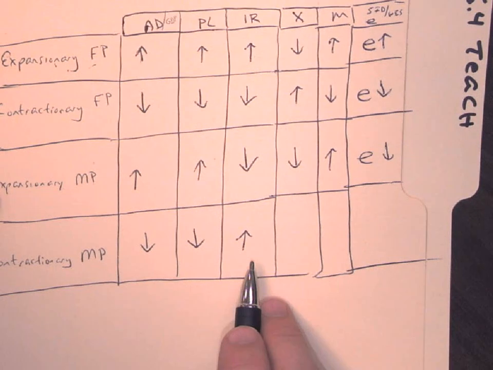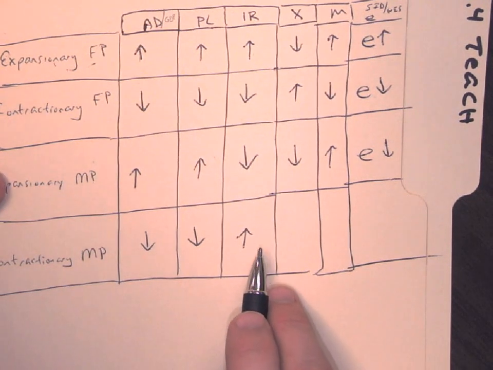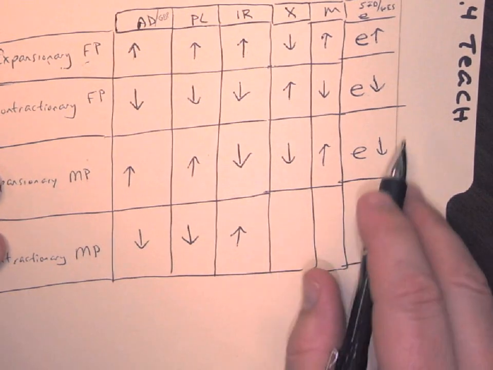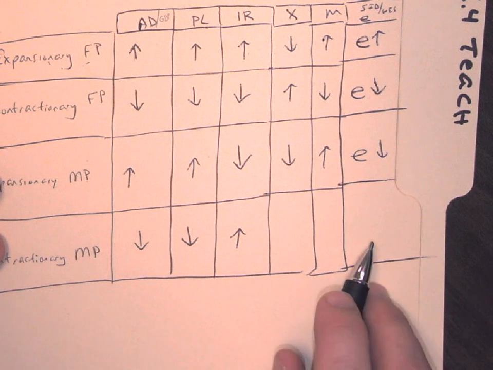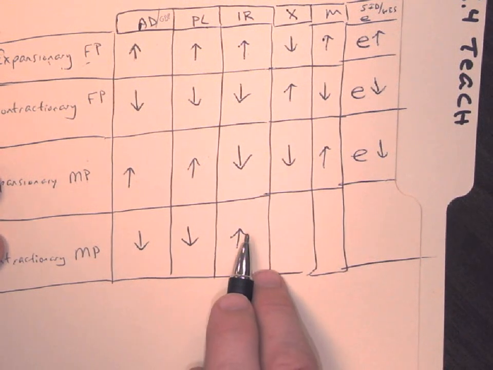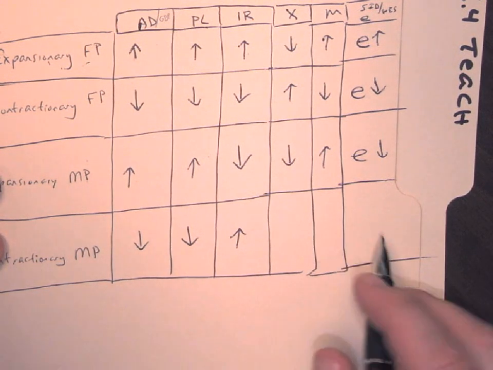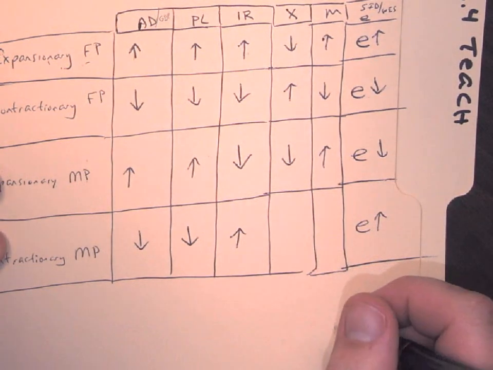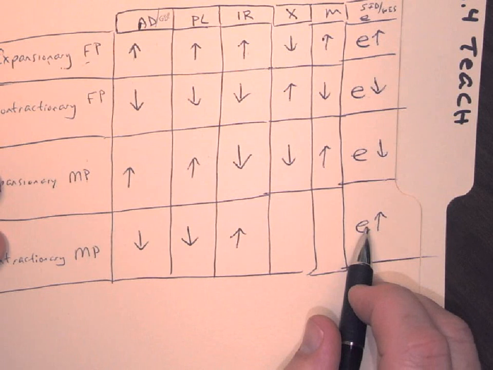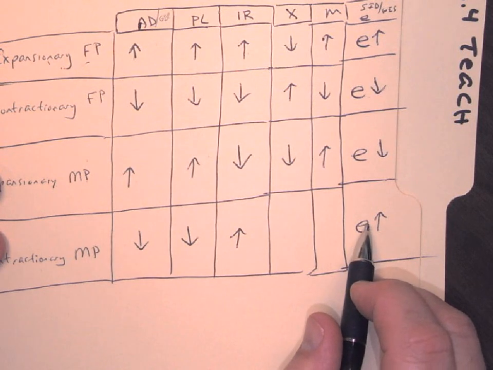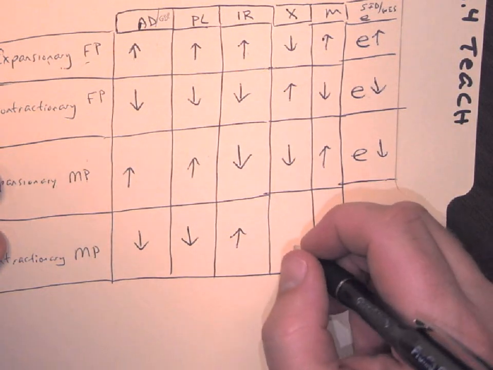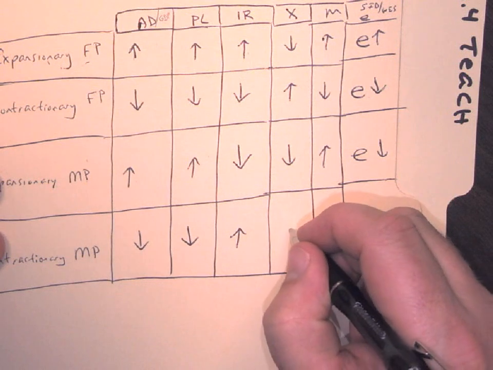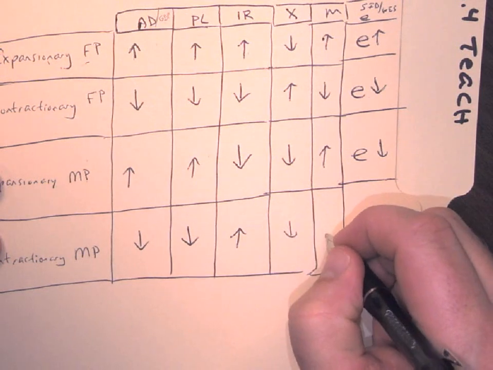These high interest rates are going to stave off domestic investment, but what they will do is increase capital flows because people will be seeking our high interest rates. And when they seek the high interest rates, that's going to make the value of our currency go up because our stuff will be in demand. When our currency goes up in demand, that makes our dollars more expensive. So when our dollars are more expensive, that makes our exports decrease and our imports increase.